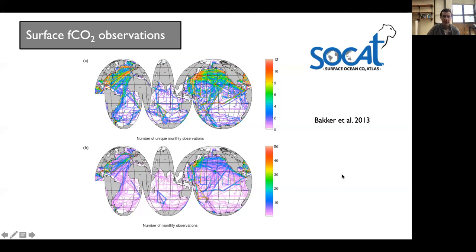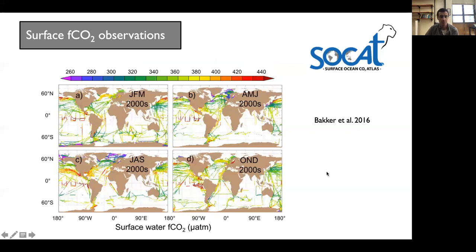Now, if you look at the seasonal distribution of measurements, this is just looking at one decade, the 2000s. This is from a later paper by Bakker et al. We can see in, say, winter months, the Northern Hemisphere has fewer wintertime measurements than they do in the summer, in, say, April through June or July through September.